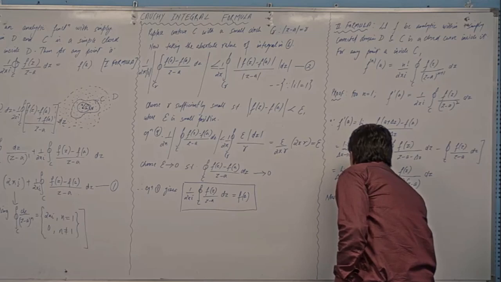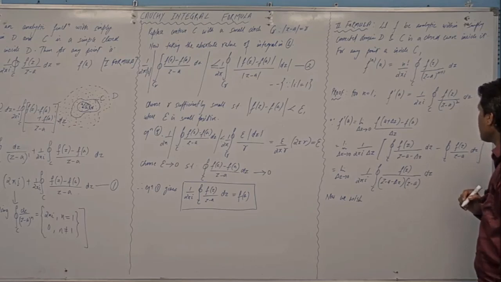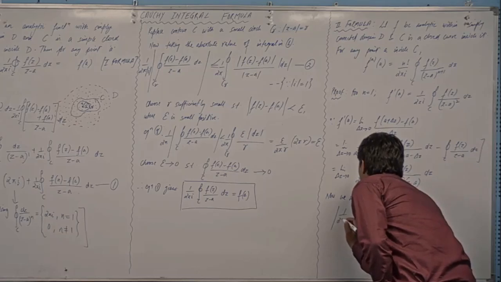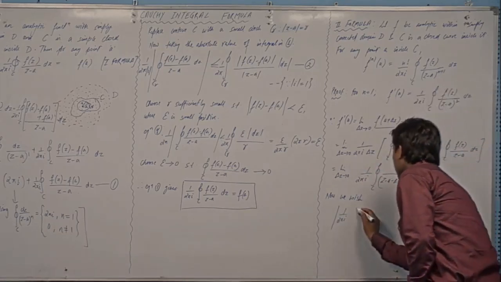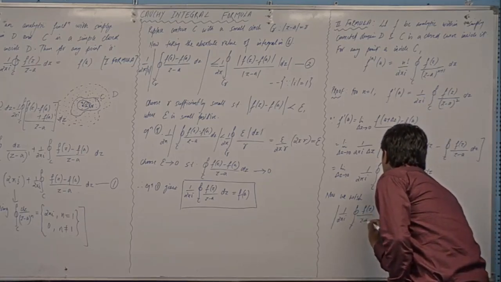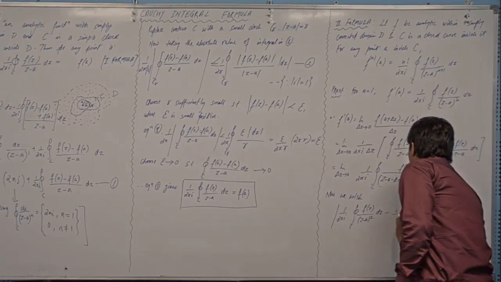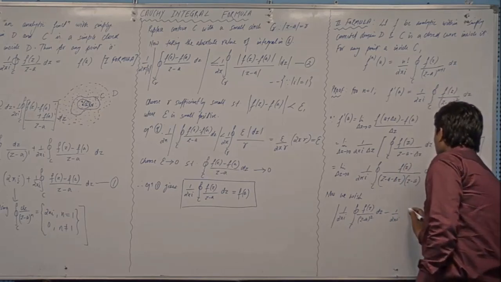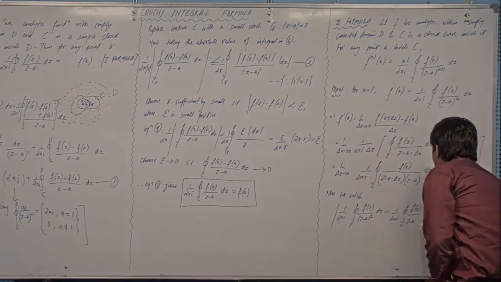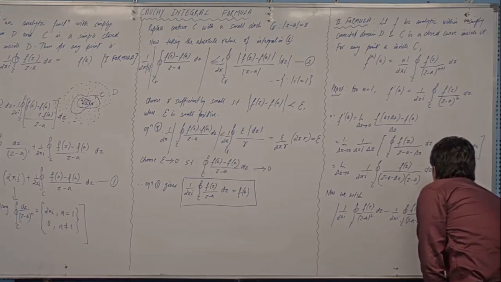We wish that the difference of these two answers is almost equal to 0: the modulus of 1 over 2 pi i integral over C of f(z) over z minus a squared dz, minus the integral over C of f(z) over (z minus a minus delta z)(z minus a) dz.